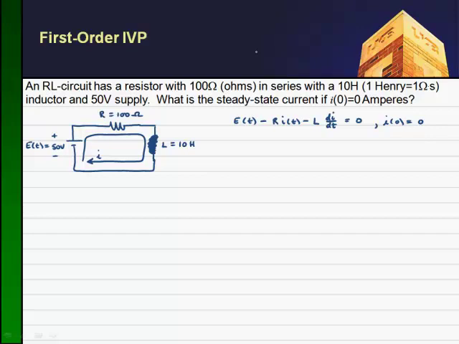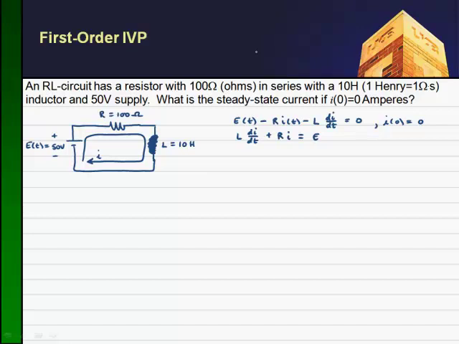So if we reorganize this problem, I get L di dt plus Ri is equal to E, and I'll just drop the of t convention. I've placed everything on one side and put the E of t, or the source, on the other side.